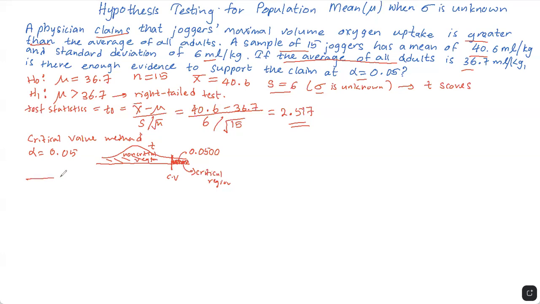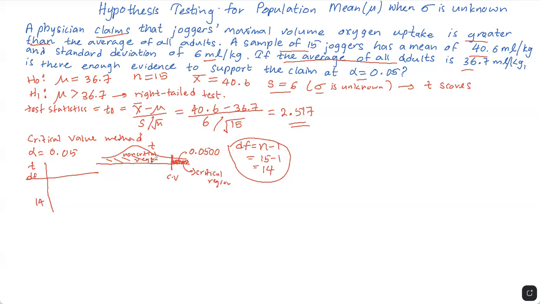So let's find the critical value here. You need to find the t table. And to look at the t table, we need the degrees of freedom. Degrees of freedom is sample size minus 1. Sample size is here 15 minus 1, which is 14. So the degrees of freedom is 14. The first column represents the degrees of freedom. So look at 14.